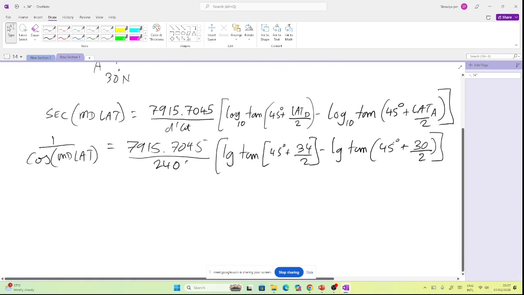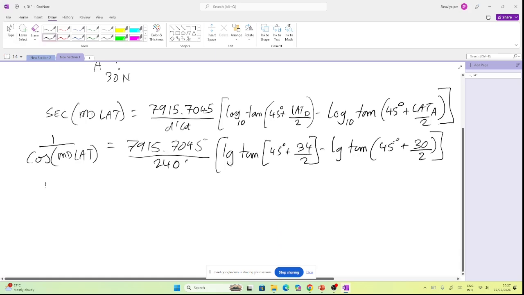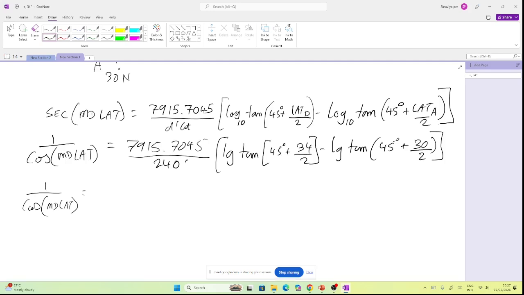Okay, so 1 divided by cos md lat equals to... shall we calculate the tan value and the log inverse?